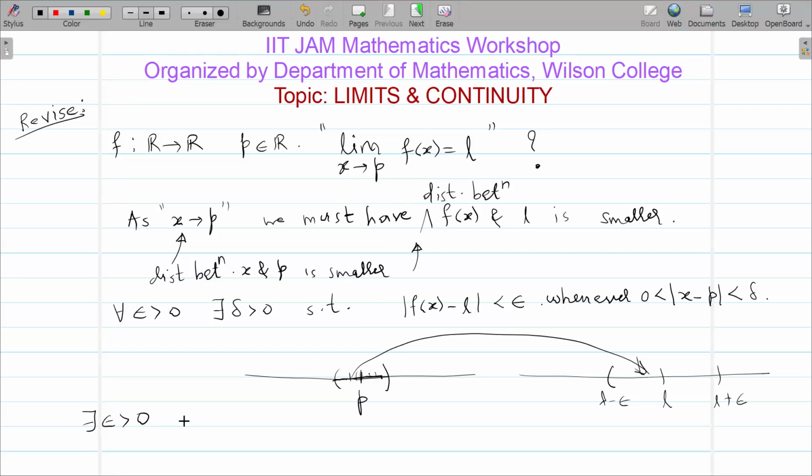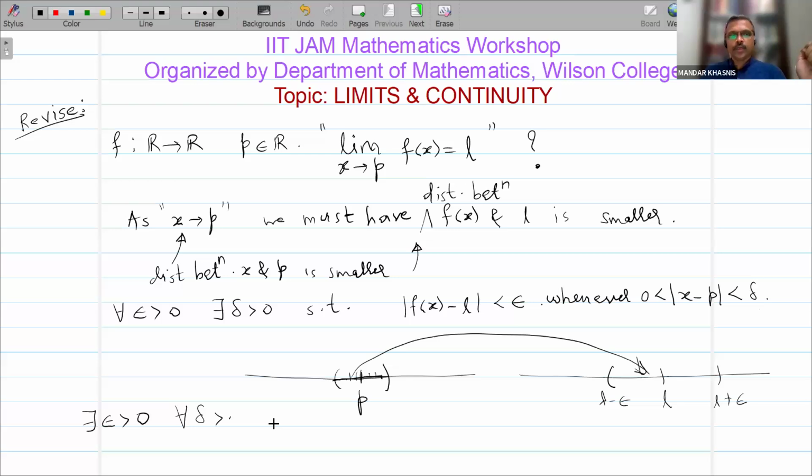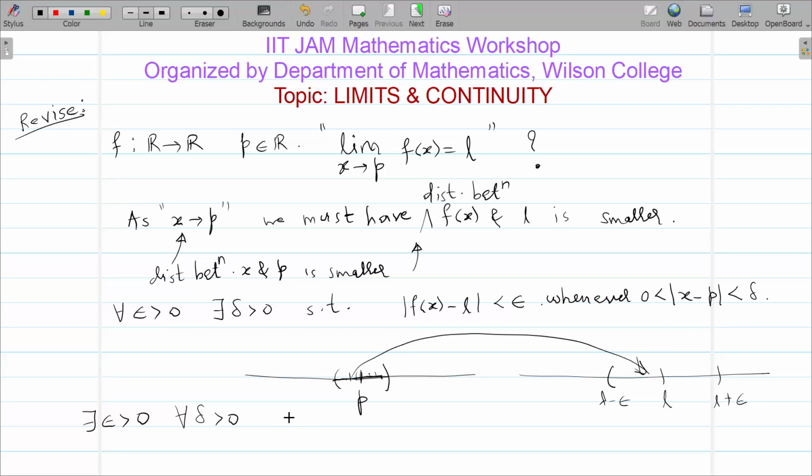For which no delta works. Yeah, I agree. Now continue with the statement. For every delta positive, the distance between x and p is less than delta, but mod of f(x) minus L is greater than or equal to epsilon.